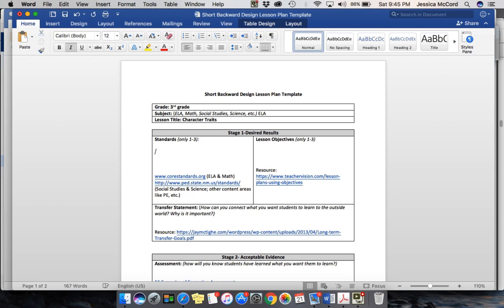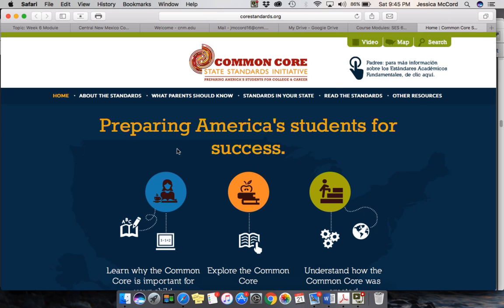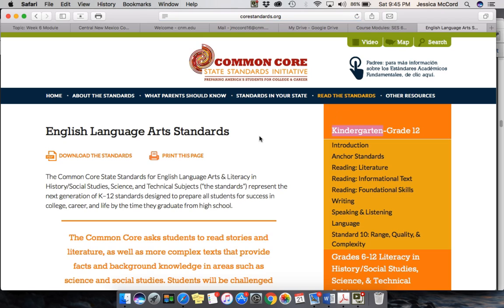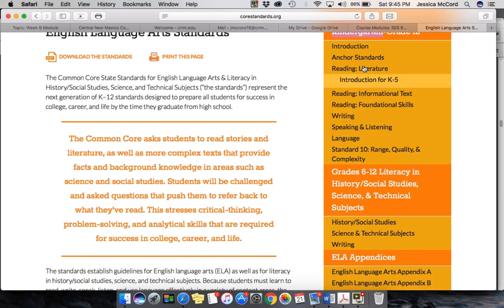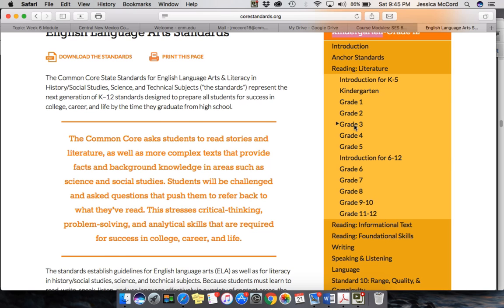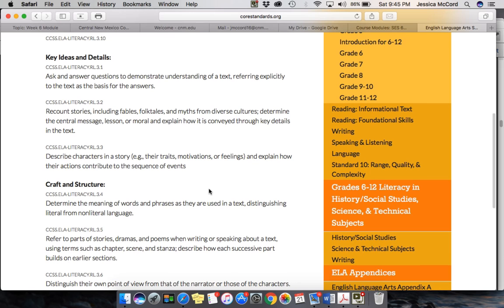So ELA standards are Common Core standards, and I'm going to click on that site. And here's what that looks like. So I'm going to go to English Language Arts Standards for reading literature, 3rd grade. And I'm going to find a standard that includes character traits, or that would fit with character traits.